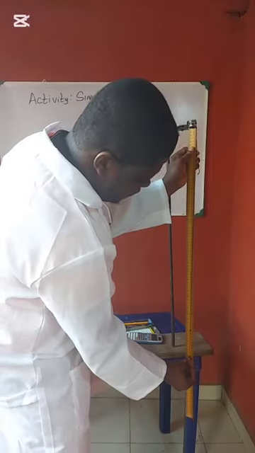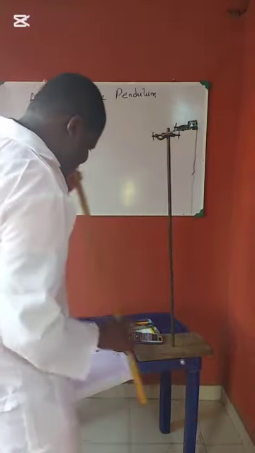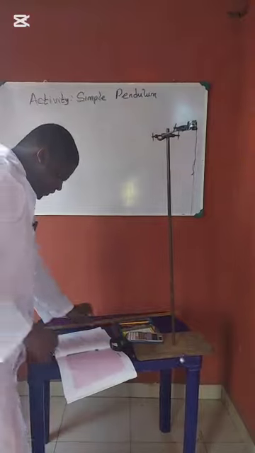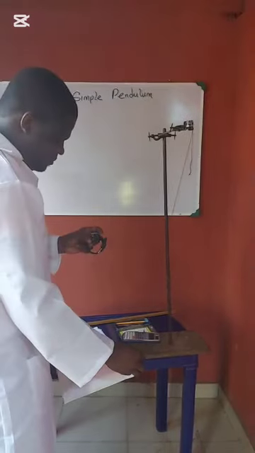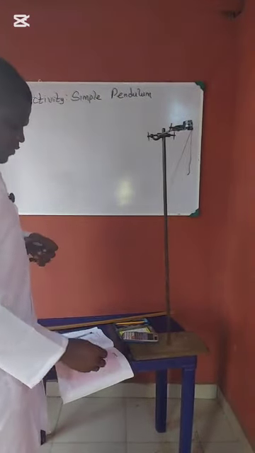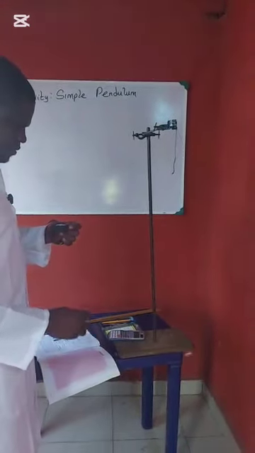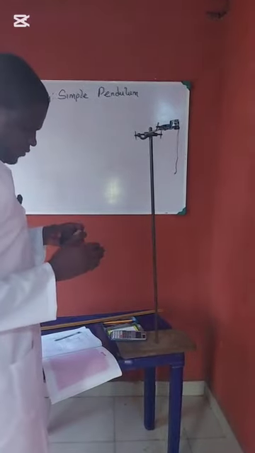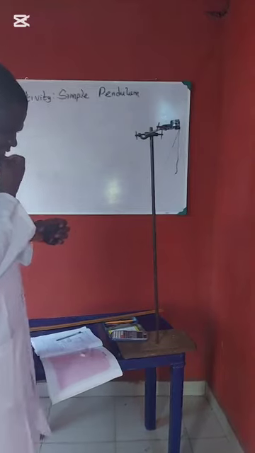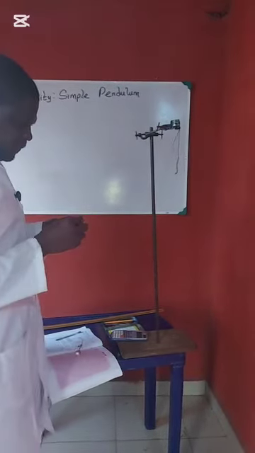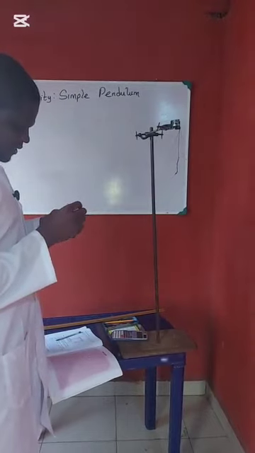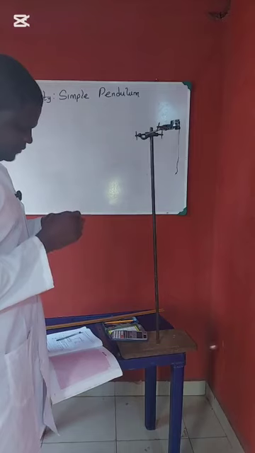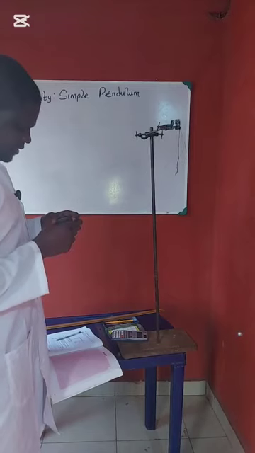At this point, it is equal to 80 cm. So I'll follow the same process. I will allow it to oscillate 10 complete oscillations. We go again. 1, 2, 3, 4, 5, 6, 7, 8, 9, 10.